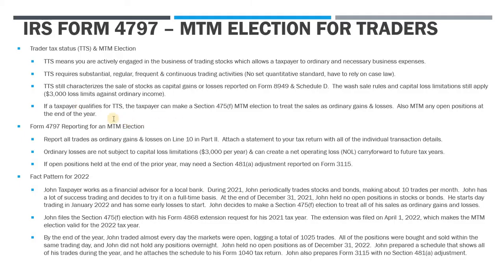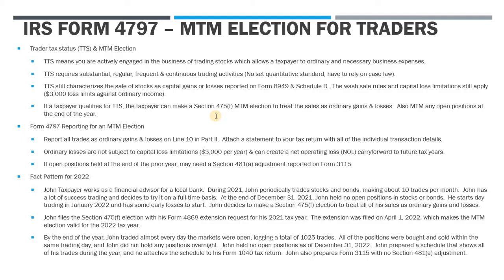So if you qualify for TTS and then you decide to make the 475F mark-to-market election, you now characterize your trades of those stocks as ordinary gains and losses. And then in addition to that, if you have any open positions at the end of the year, you mark to market those positions as if they were sold.